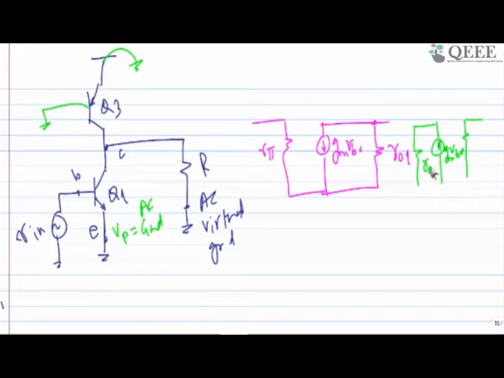This one I am drawing for another transistor. So this is emitter, this is base, and this is collector. Right. So base is connected to ground. I'm only talking about Q3. So base is connected to ground.